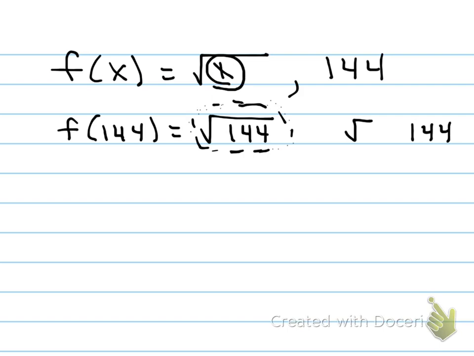So you make sure that you understand how your calculator works. You'll be able to use your calculator on the tests. It is your friend. So if you hit the square root of 144, the number times itself that makes 144 is 12, and that's what your calculator will give you. So your completed answer, f of 144, equals 12.